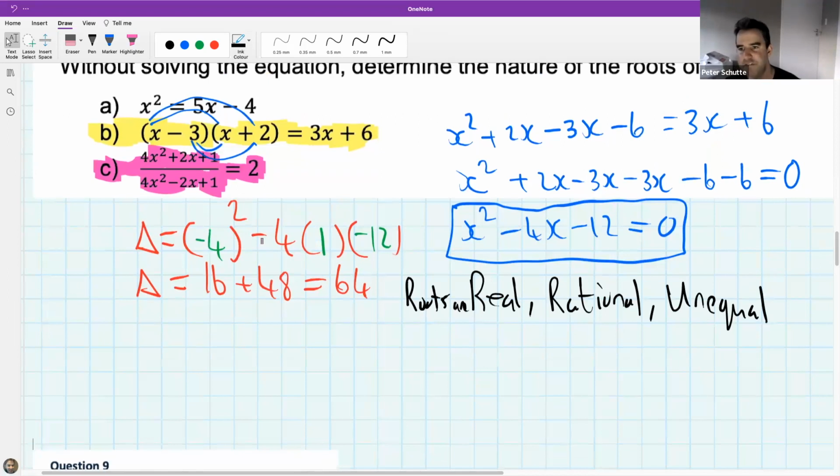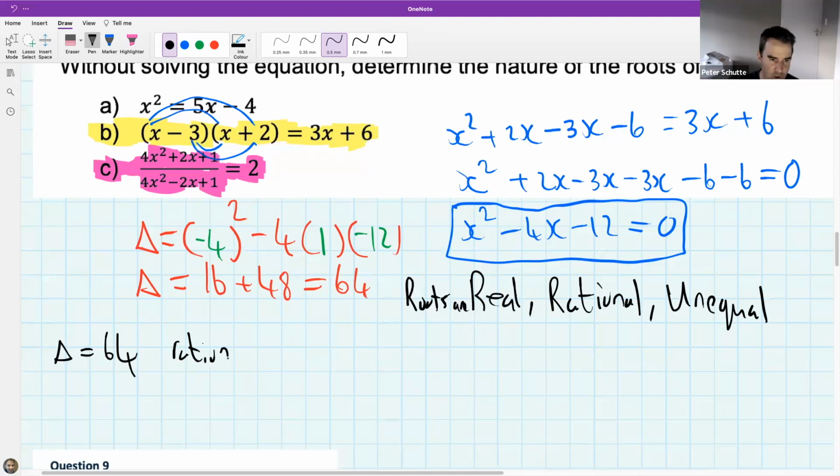Okay, so how do you find if it's rational or irrational? So Caitlin, this goes to whether or not delta is a perfect square. In the last one, because delta was a perfect square, it was 64, we would say that it is rational.